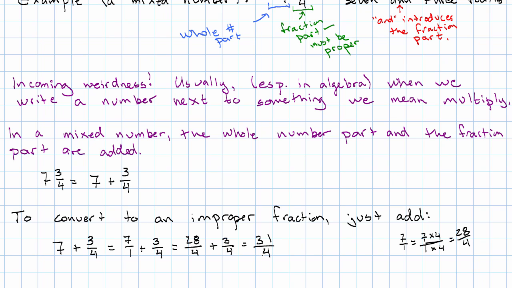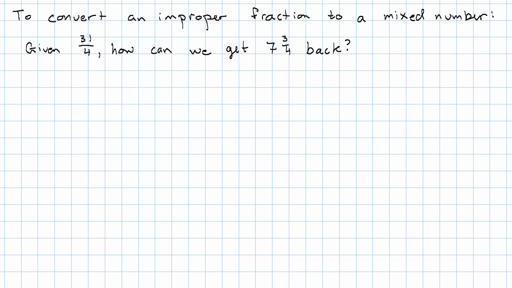That's the easy one. Converting from an improper fraction to a mixed number is a little bit trickier. Given the 31/4, how could we get the 7 3/4 back? And the answer to that is we need to shift our perspective back to understanding fractions as division.